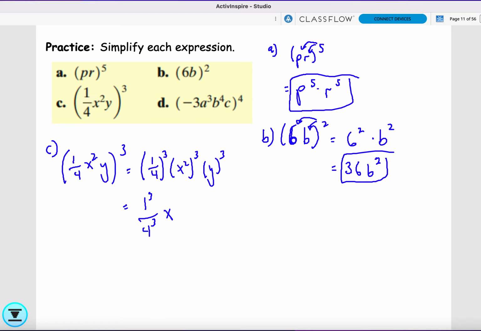X squared to the cube power is just 2 times 3. And we have y to the 1 times 3. So 1 cubed is 1. 4 cubed is 64. X squared times 3 is 6. 1 times 3 is 3. And we're done for C.